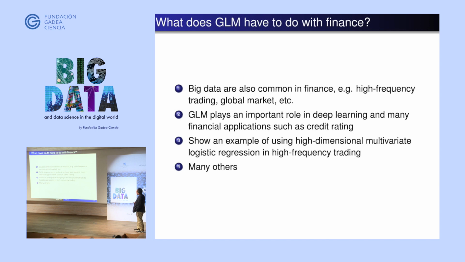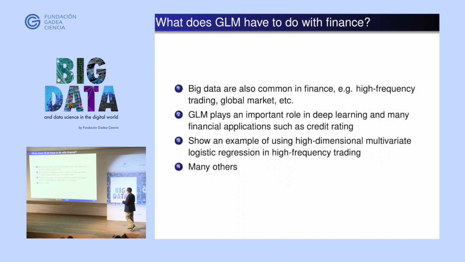The other one you can think about is global marketing or global investment. You'd like to think about assets of many countries and many regions, and you'd like to analyze all of them. They are all big data now. Now, if you listen carefully, the general linear model really plays an important role in deep learning. A lot of the activation functions are really logistic regression.